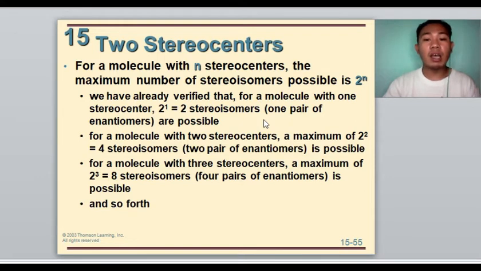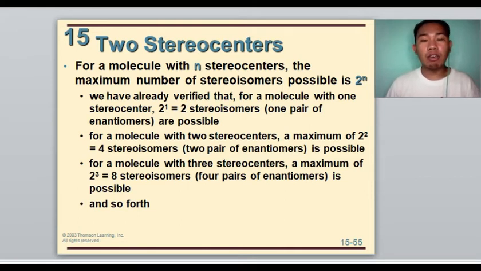That means 1 pair of enantiomers is possible. For a molecule with 2 stereocenters, a maximum of 2 raised to 2, which equals 4 stereoisomers. That means 2 pairs of enantiomers are possible.